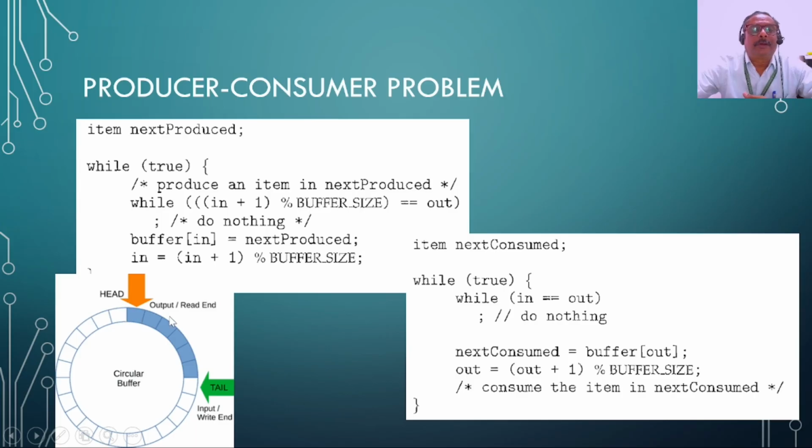That means at least one data is available to read. So wherever the out is showing, that is wherever the head is showing, take that data into the consumed variable, and then make sure to shift the head pointer to the next location.